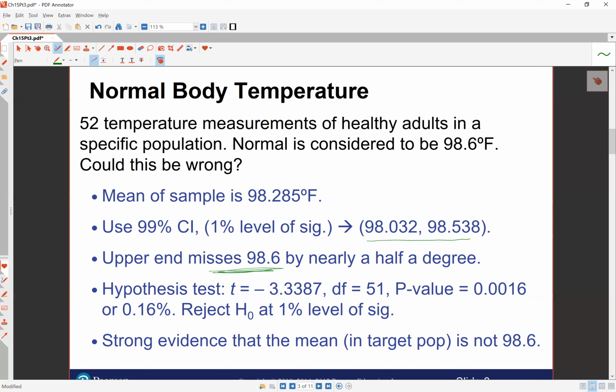So at the 99% level of confidence, this sample is not consistent with an average body temperature being 98.6 degrees. Could our confidence interval be missing the true value? Yes, that is certainly possible. But we've set a high bar, right? We know when we're using a 99% level procedure, 99% of the time it will capture the truth. So there's only a 1% chance that this is an instance where it's not capturing the truth.